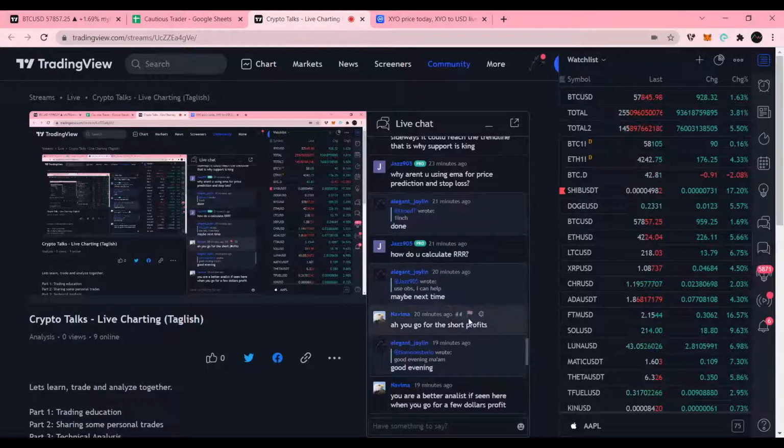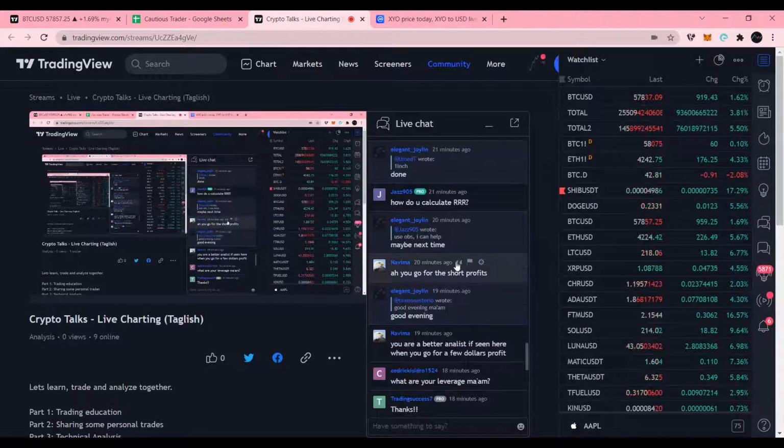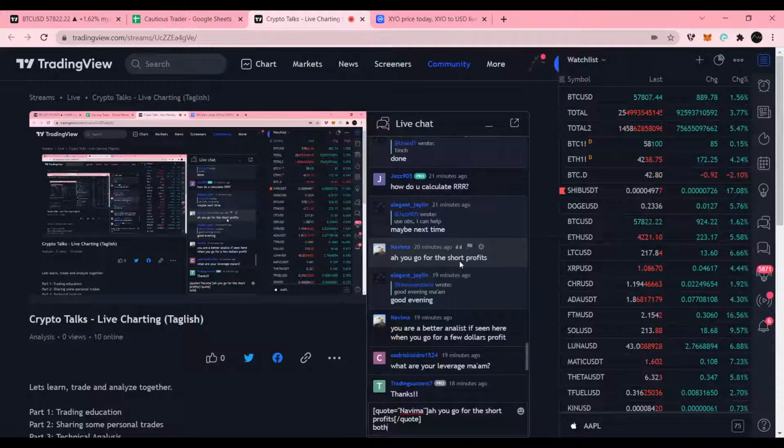So yeah, because the biggest gainers are actually the holders. So that's my answer for this one. Both short and long term sustainable gains. That's sustainable gains.